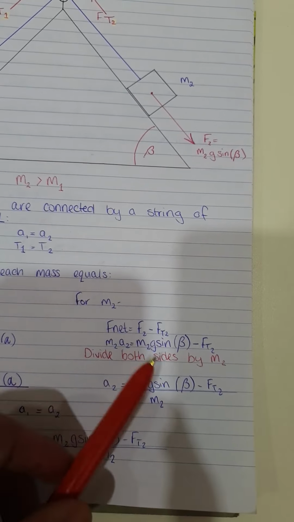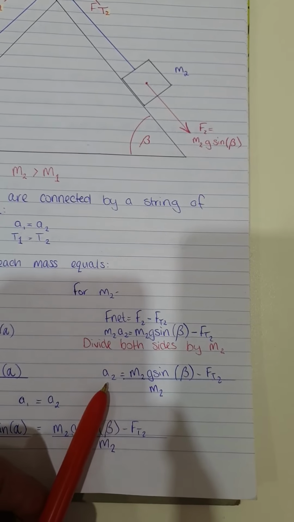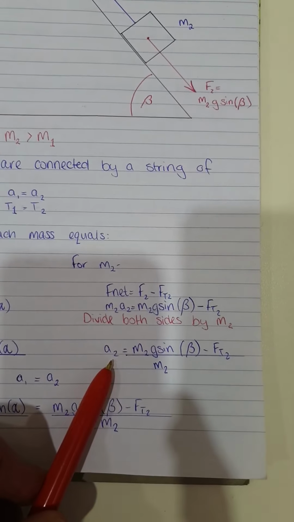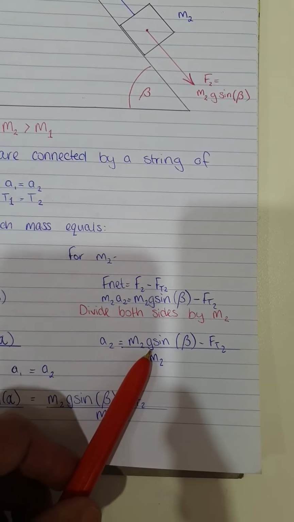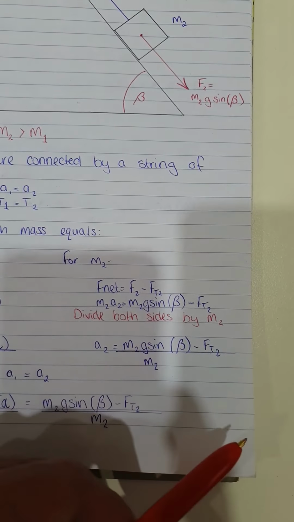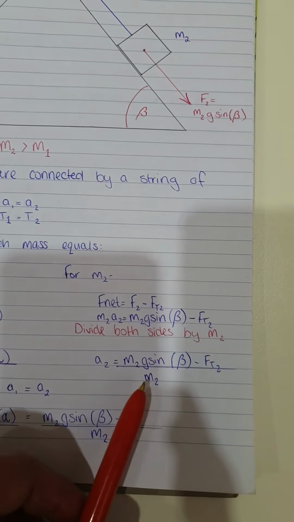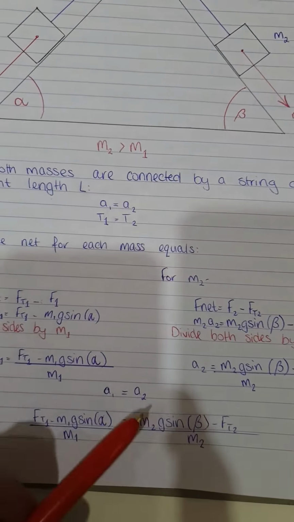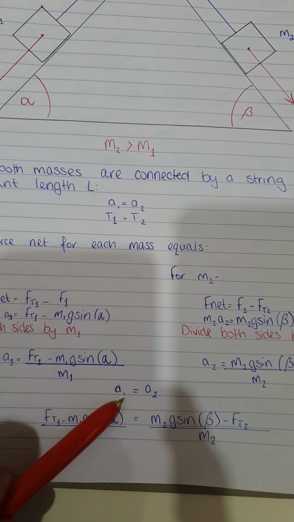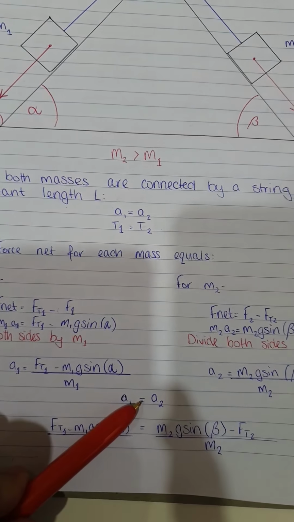We'll divide both sides by our mass. We end up with the acceleration equal to m2 times gravity times sine beta minus the tension, all divided by m2. And as previously stated, our acceleration is equal for both sides.